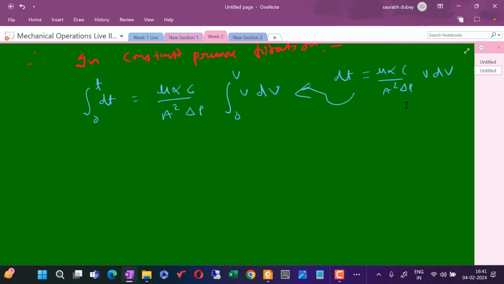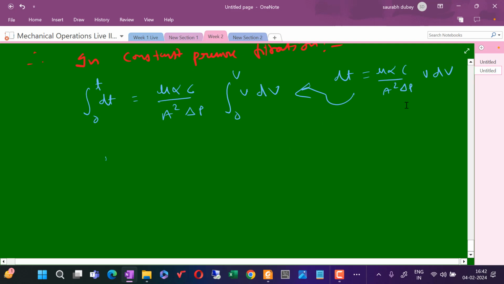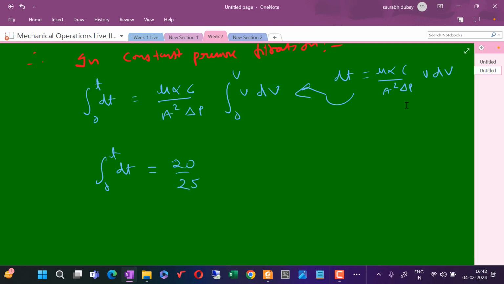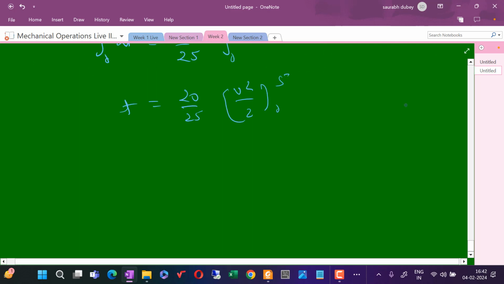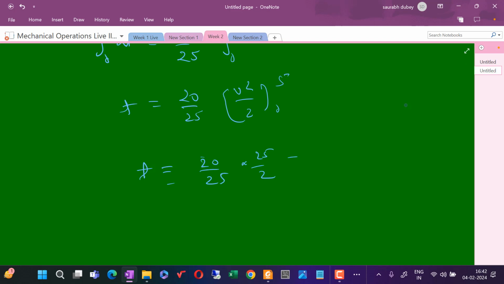So 0 to t dt equals 20 by 25, and here it is 0 to 5 for the next 5, v dv. This will be 20 by 25 times v square by 2, from 0 to 5, and when you solve it, t equals 20 by 25 times 25 by 2, which is 10 minutes.